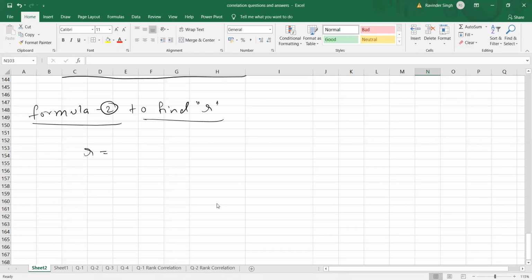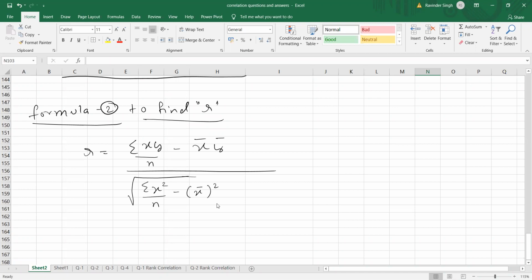So the formula says summation of xy divided by n minus x bar y bar, whole divided by square root of summation of x square divided by n minus x bar whole square, into square root of summation of y square by n minus y bar whole square.